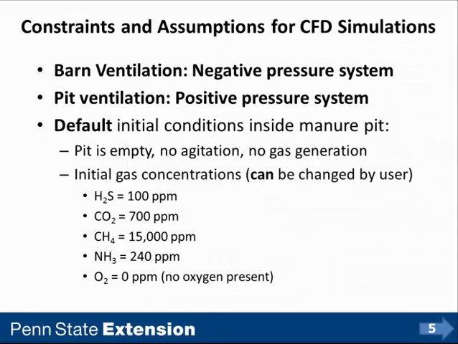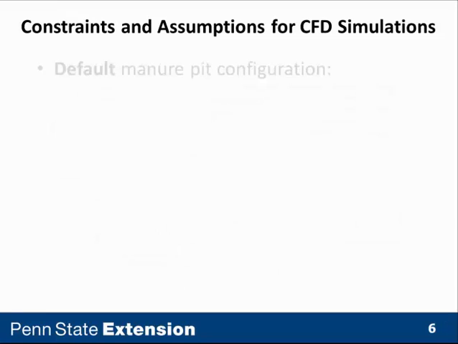Oxygen initial content in the pit is 0 parts per million, and that is not changeable. So if you happen to have some residual oxygen in that manure pit at the beginning, the simulation program will give you some conservative ventilation times required to replenish oxygen, say, to 19.5% by volume.